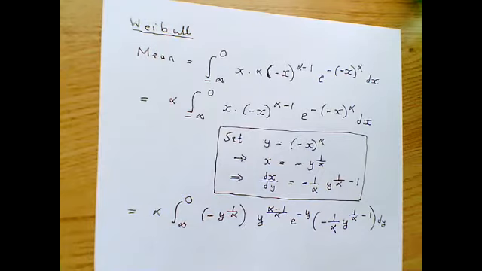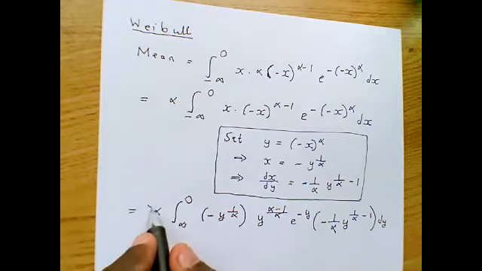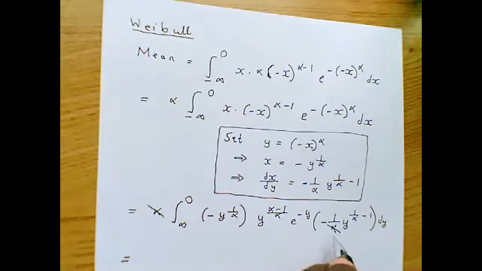Now quite a few things will cancel, and I'm going to change one of the minus signs here to change the limits from infinity to 0 into 0 to infinity. The alpha here will also cancel with the alpha.